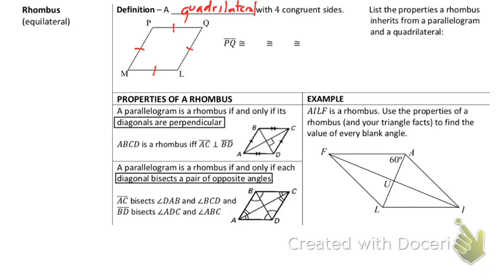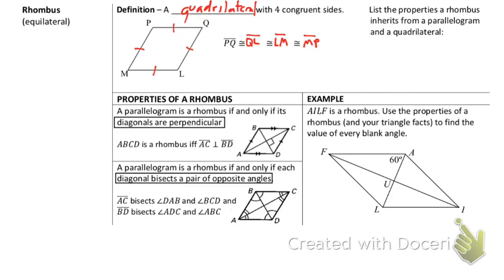So all sides are equal in measure. So we'll write that down: PQ, QL, LM, and MP. If you know one of these sides, because this is a rhombus, you know them all.